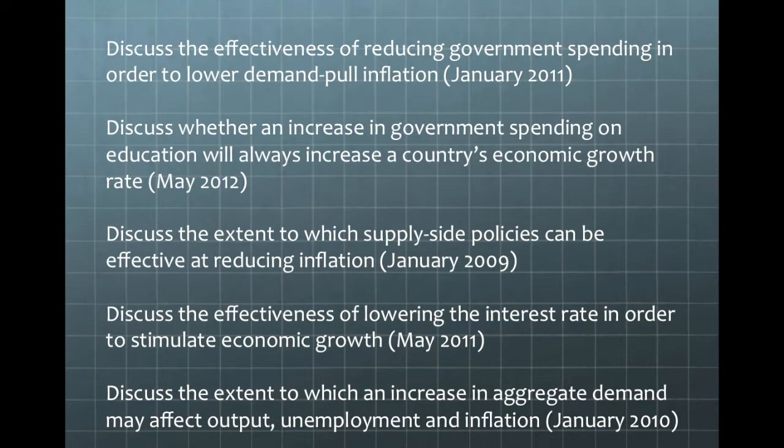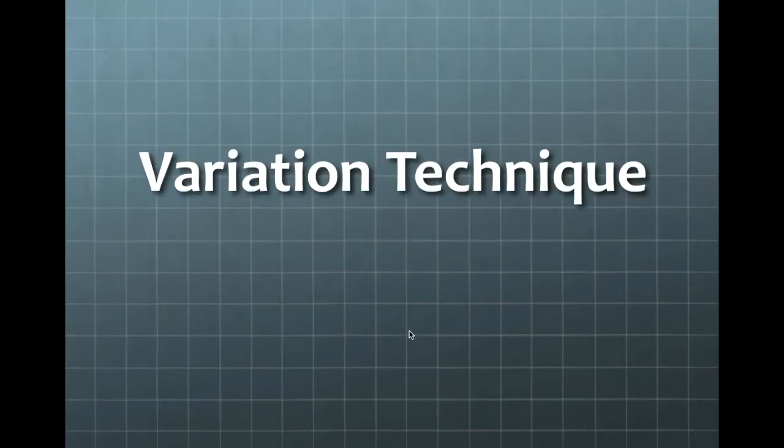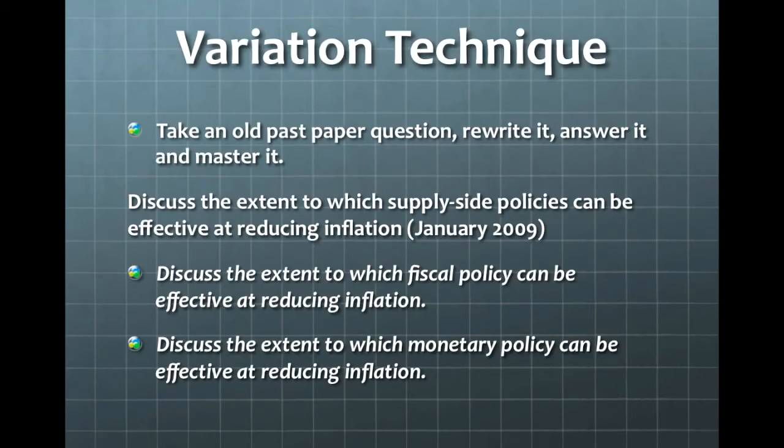Again, take a look at these and try to understand the answers to these questions, but there's another thing I want to introduce you to, and that's what's called a variation technique. You take a question that you found on an old past paper, you rewrite it, and you answer that new question and you master it. In January 2009, the 18-mark question was discuss the extent to which supply-side policies can be effective at reducing inflation.